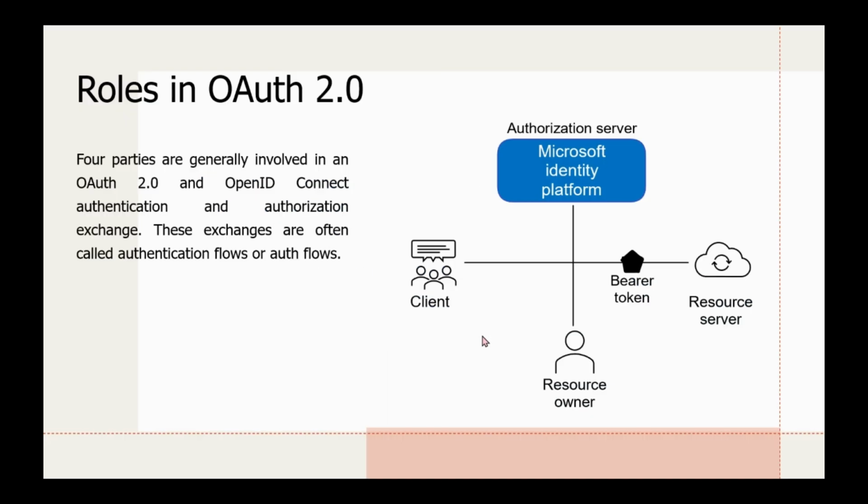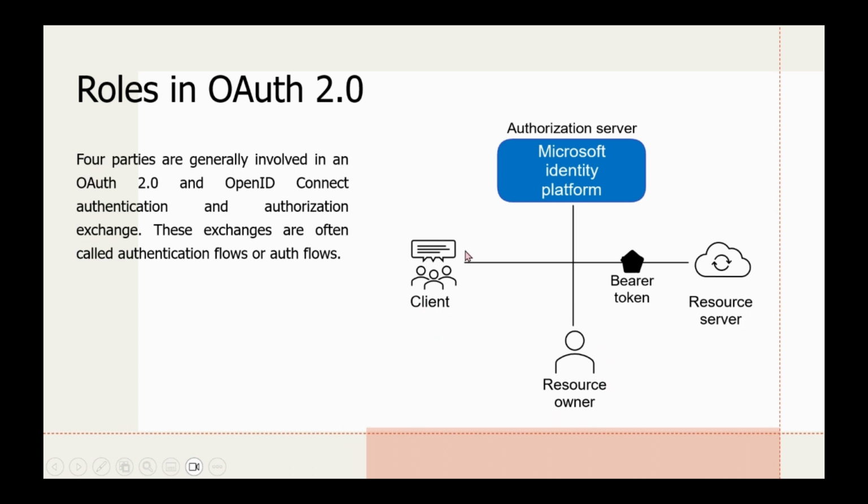So friends, the next screen is roles in OAuth 2.0. What are the roles? If you talk about OAuth, there are four roles. The first one is the identity server or authorization server, the second is the resource server, another is the resource owner, and the client.